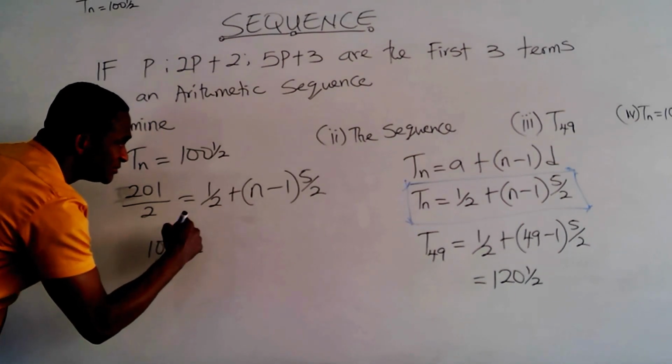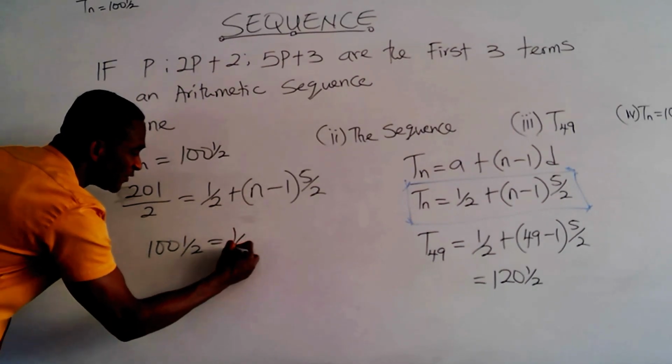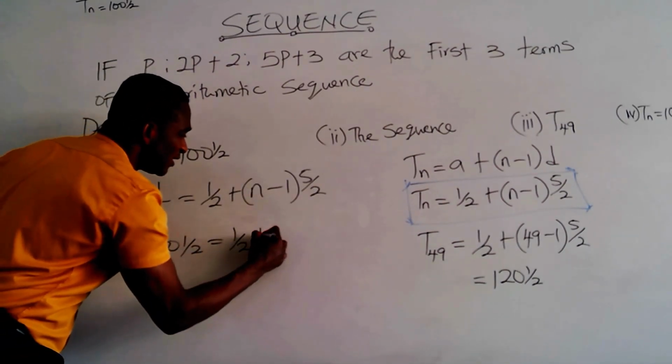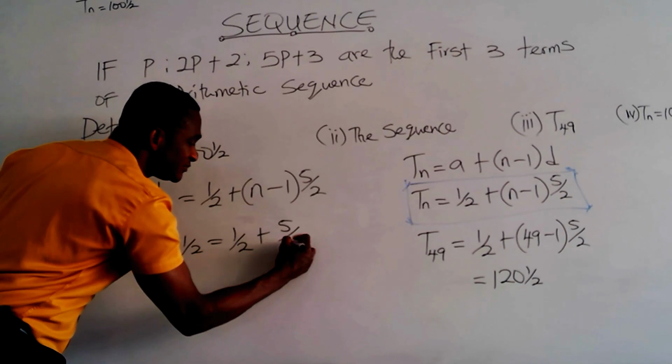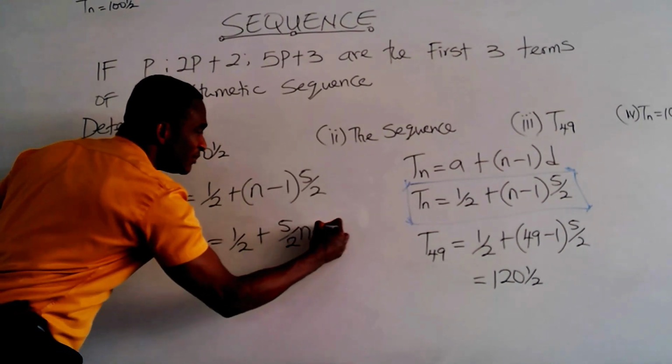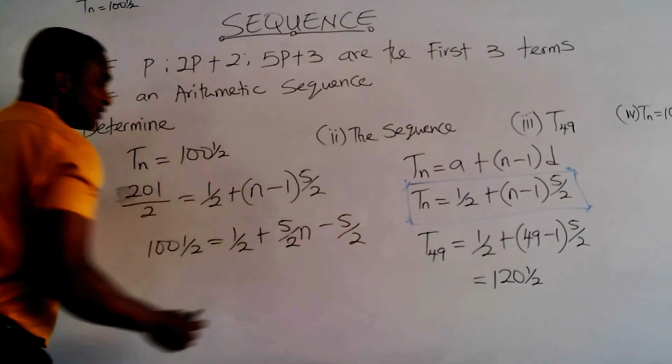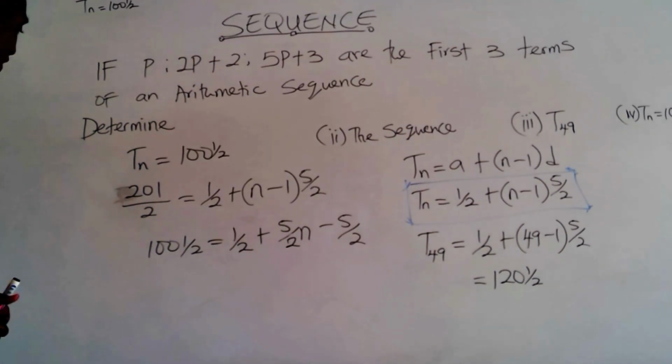Let's simplify this before collecting like terms. This is plus 5 over 2n minus 5 over 2. So let's quickly go through this.